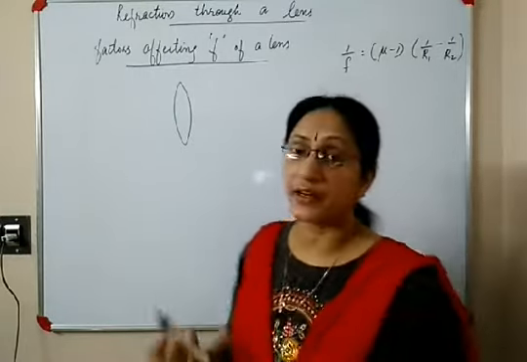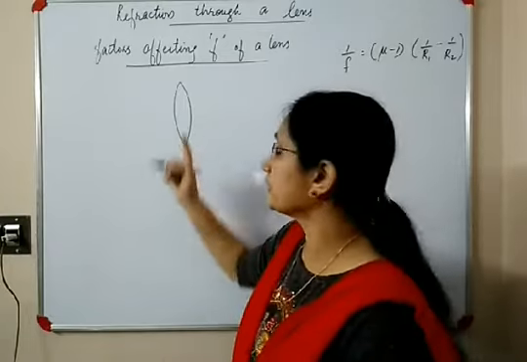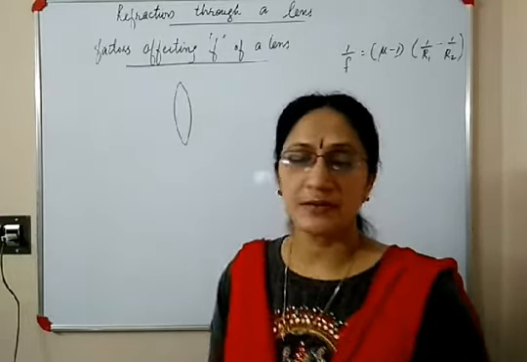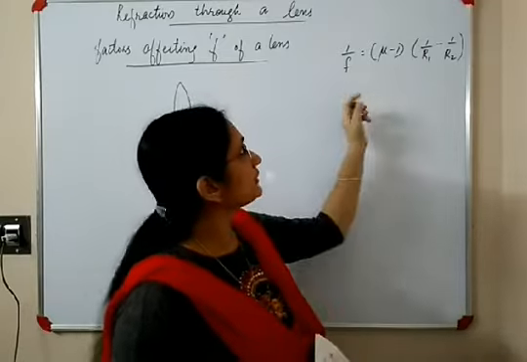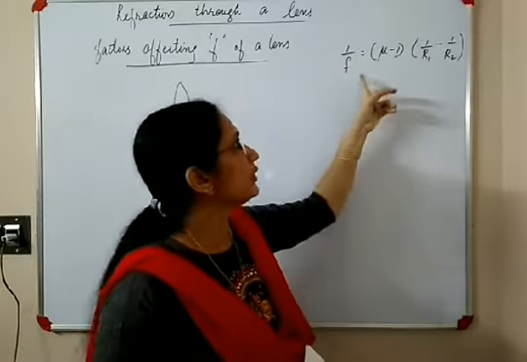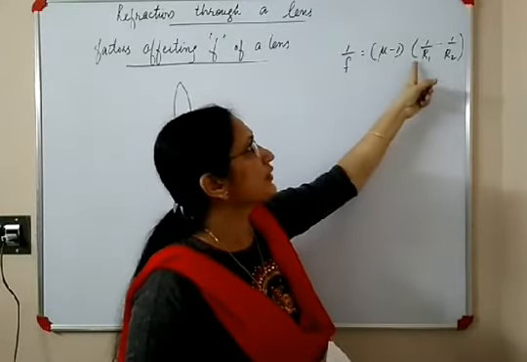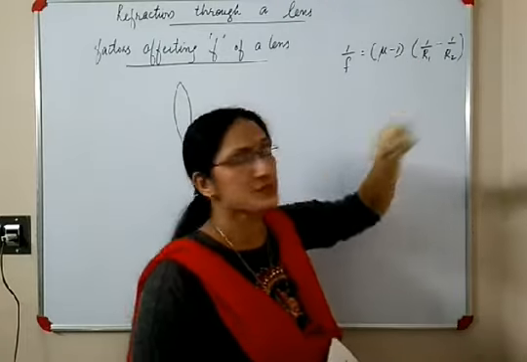Now, which factors will determine the focal length of a lens? There is a formula for focal length: 1 by f is equal to (mu minus 1) into (1 by r1 minus 1 by r2).